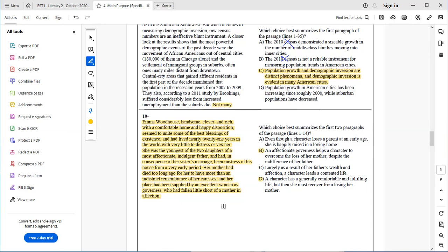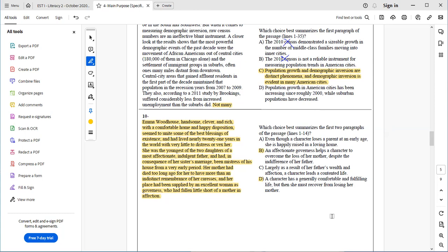And her place had been supplied by an excellent woman as governess, who had fallen little short of a mother in affection. But the main thing, that this girl, nothing annoyed her. She is handsome, clever, rich, and she didn't remember her mom because her mom died too long ago. Okay. Anybody wants to change their answer?